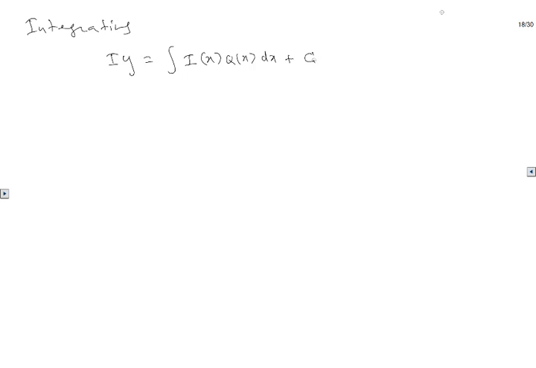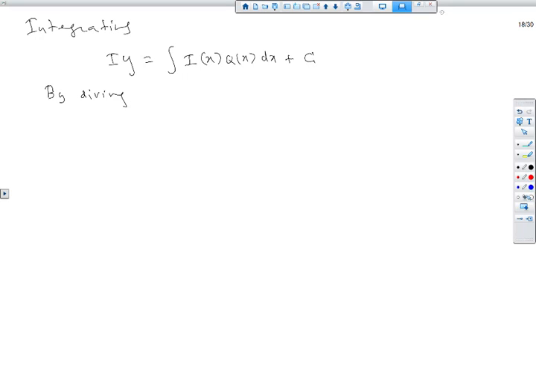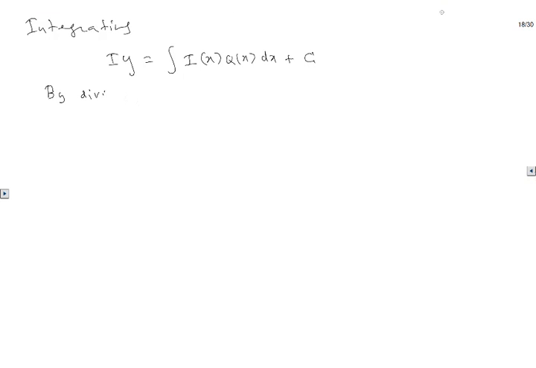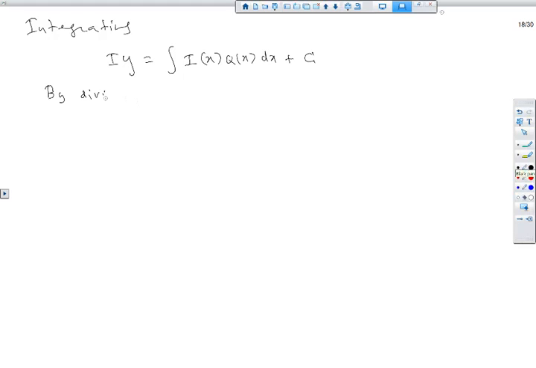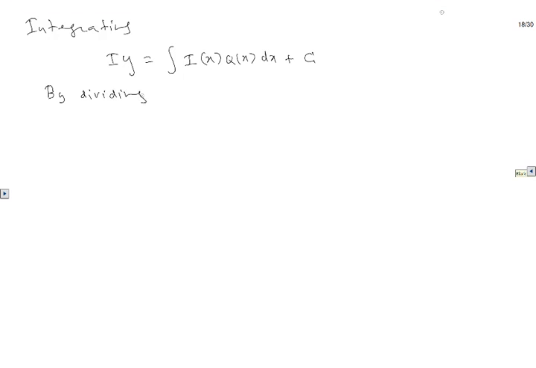Now we solve for y, by dividing. We get y equals 1 over I times the integral of I(x) q(x) dx plus c.